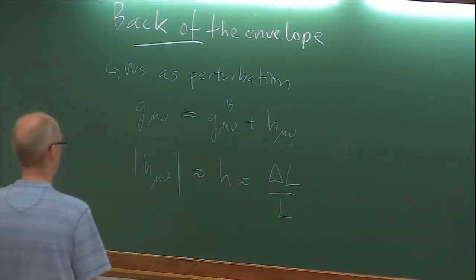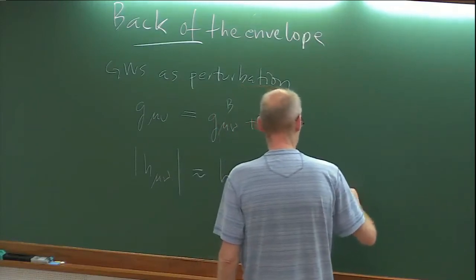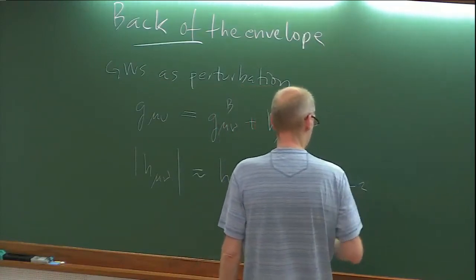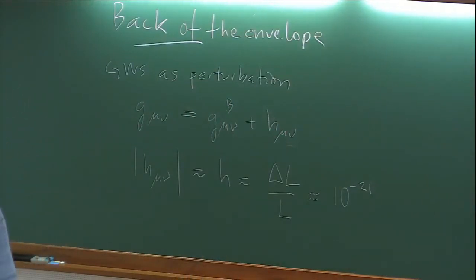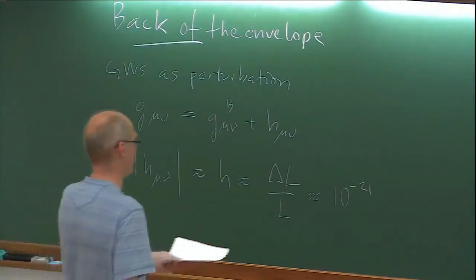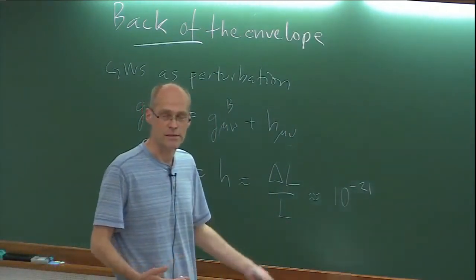This is what we're trying to measure in a detector, and we think this number is going to come out to be something like 10^-21. That's the kind of estimate I want to do. I just want to show you where this number comes from and how we relate that to neutron stars.